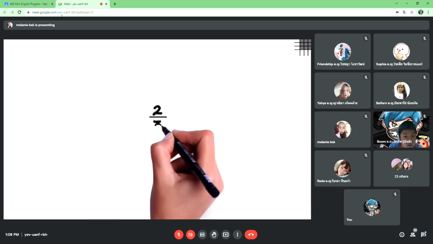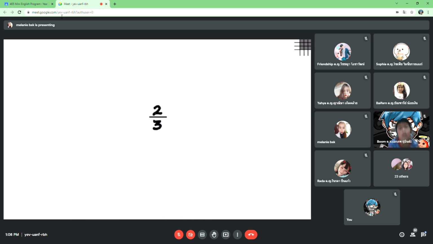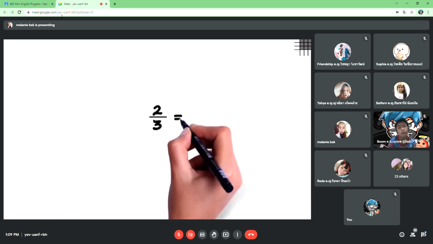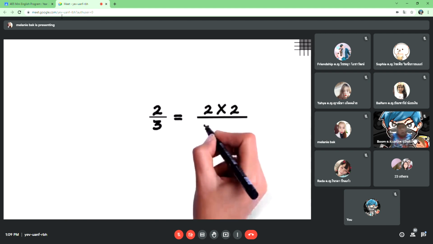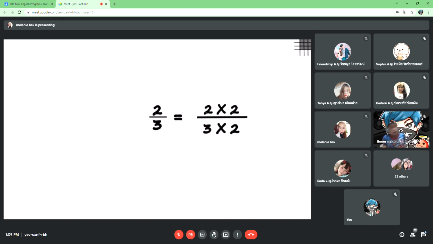fraction 2 by 3. All fractions have a very special property. If we multiply the numerator and the denominator of a fraction by the same number, the value of the fraction remains unchanged. Let's say we multiply the numerator and the denominator by 2. 2 times 2 is 4 and 3 times 2 is 6.